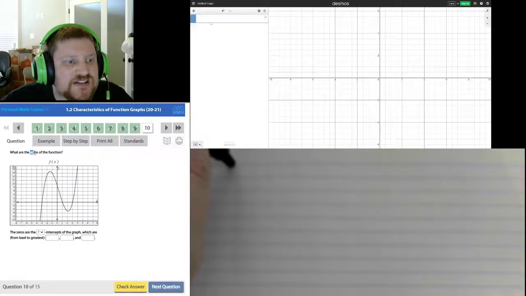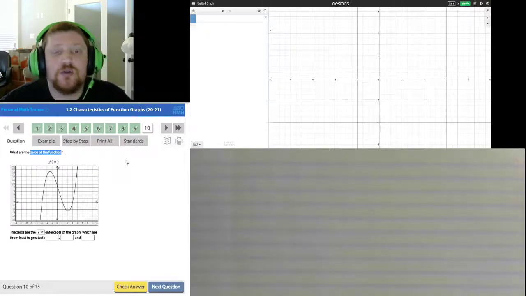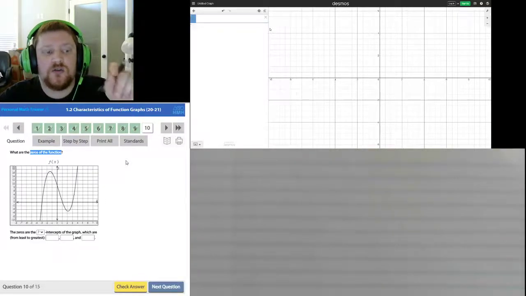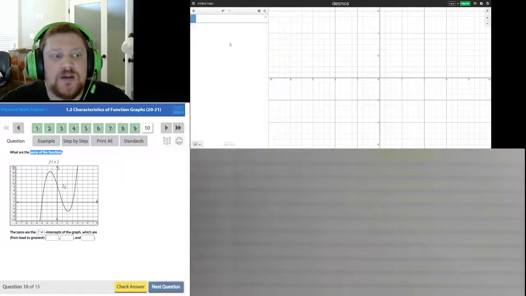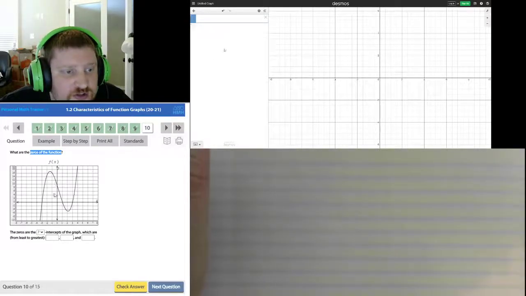What are the zeros of the function? You will remember in one of the previous videos that you've seen that zeros of a function are where the y value is 0. So it's the x value when y equals 0. So this is our y-axis. Y equals 0 is right this line right here.